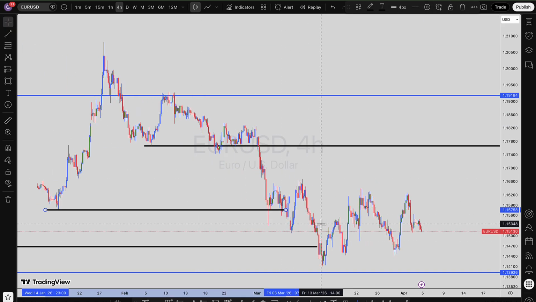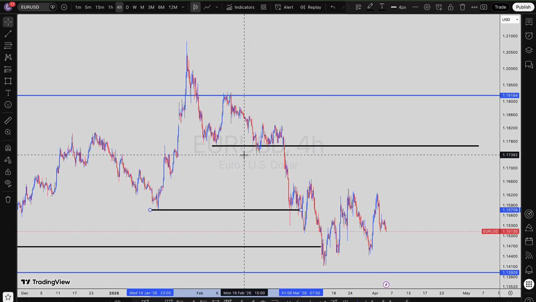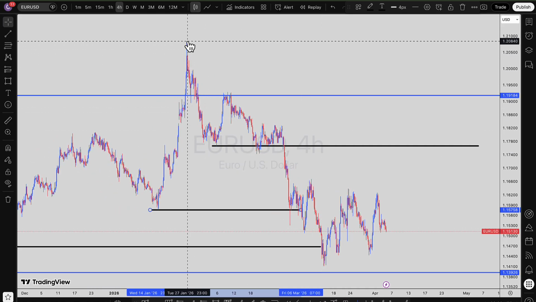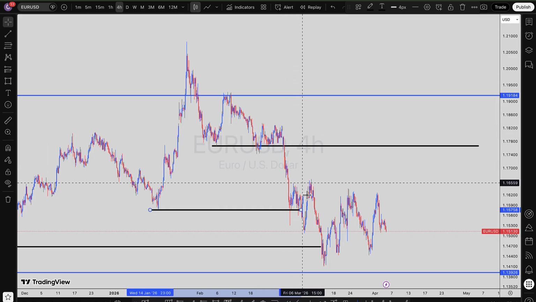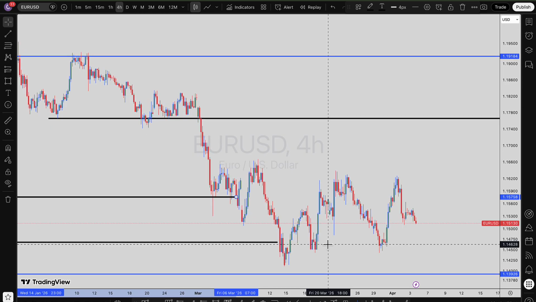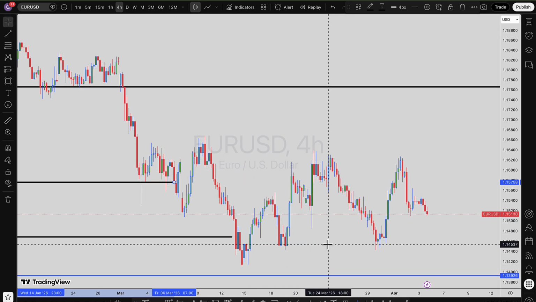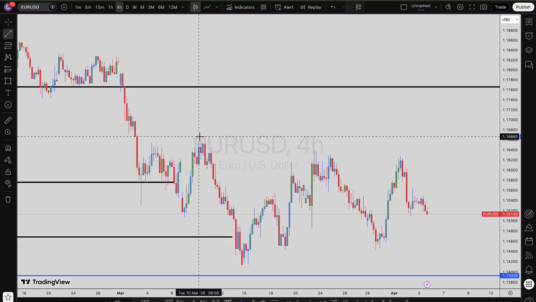On the 4-hour chart, we want to study the market structure right from the swing high, the 1.20850. Price kept on giving us low high swings, and to the downside lower lows. Now let's zoom in properly. On the 4-hour chart, we have our main impulsive swing at the level of the 1.16665.